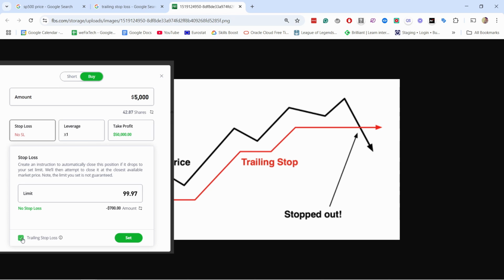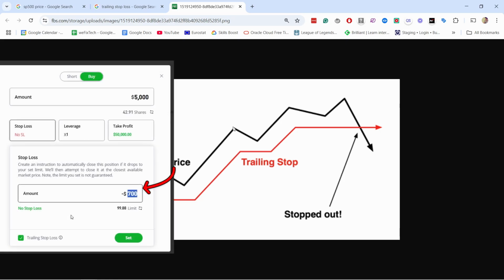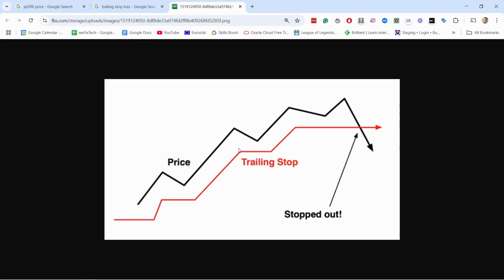That's our Nvidia stock. If the stock goes up, then the trailing stop loss will follow, but it will always keep the same distance from the peak, you see? And then the same thing happens here. As the price is going up, the trailing stop loss follows it, and it will always stay at the same distance from the peak. So if you set $700, then it's always going to be $700 from the peak to the stop loss. When the stock starts going back down, it will not get adjusted.